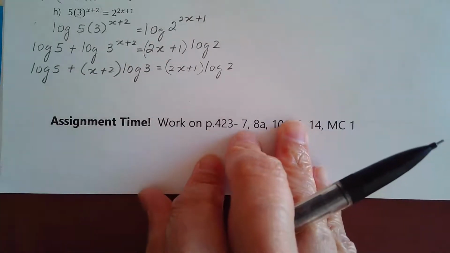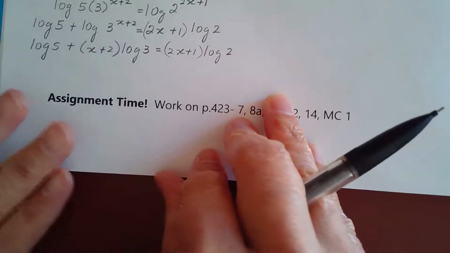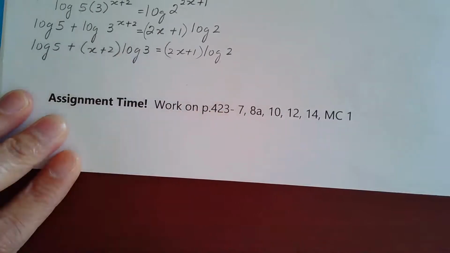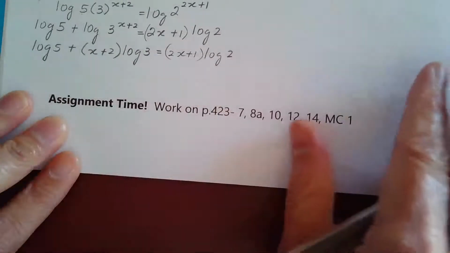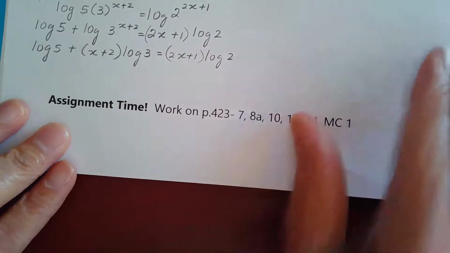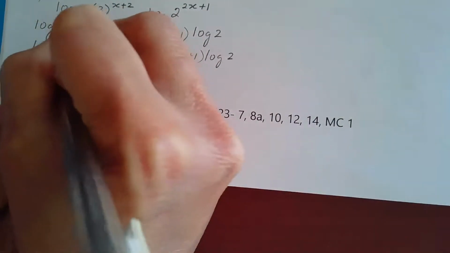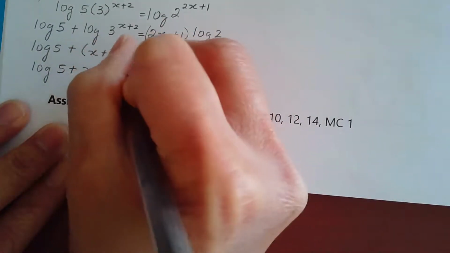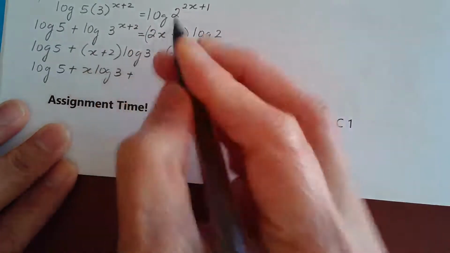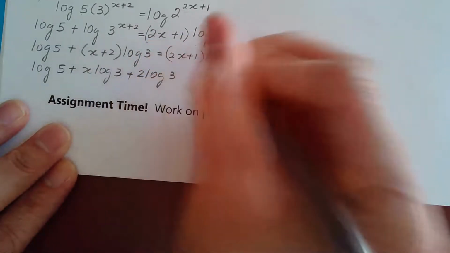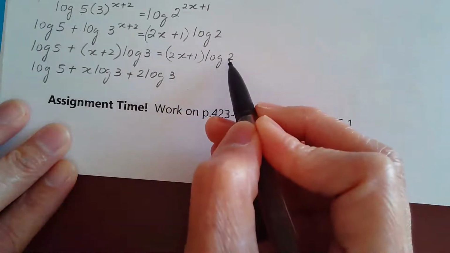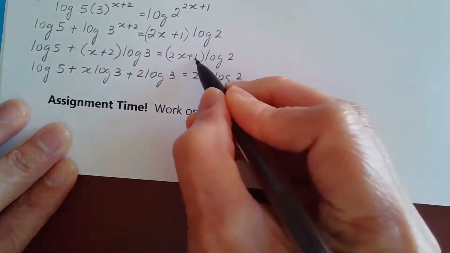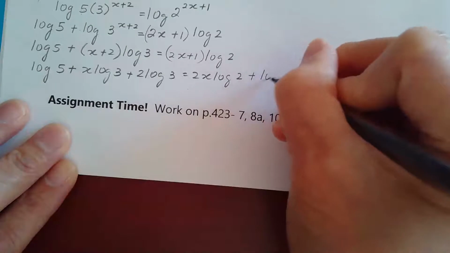So my next logical step is to apply the distributive property of multiplication. Log 5 plus x times log of 3 plus 2 times log of 3, and then 2x log of 2, and then 1 times log of 2.